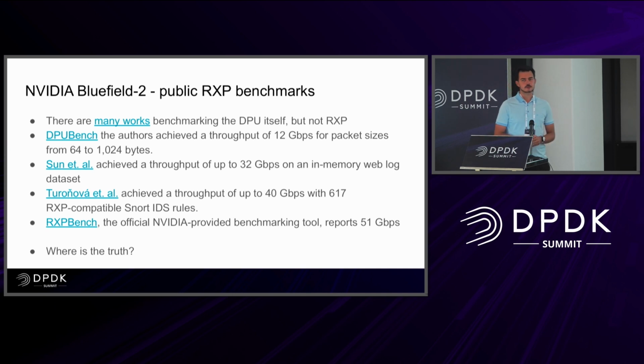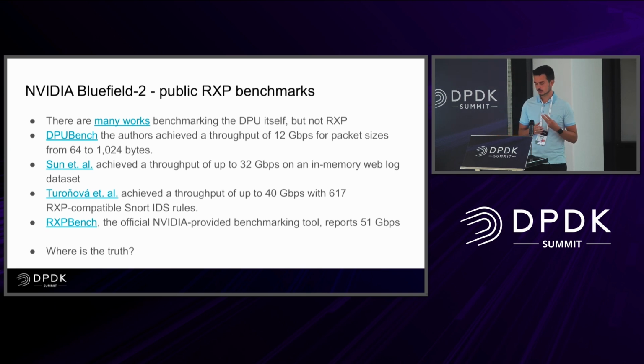When we were evaluating how to use the regex engine, we were looking for RXP benchmarks. The RXP is the regex engine in the BlueField-2. We found many works that evaluated the BlueField card itself, but not the regex engine.